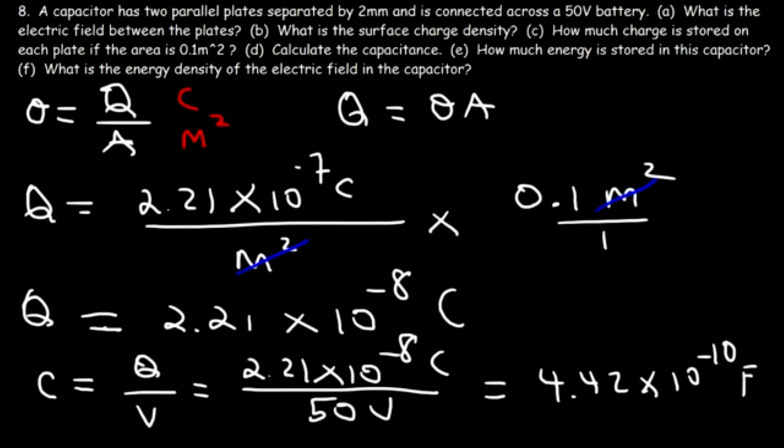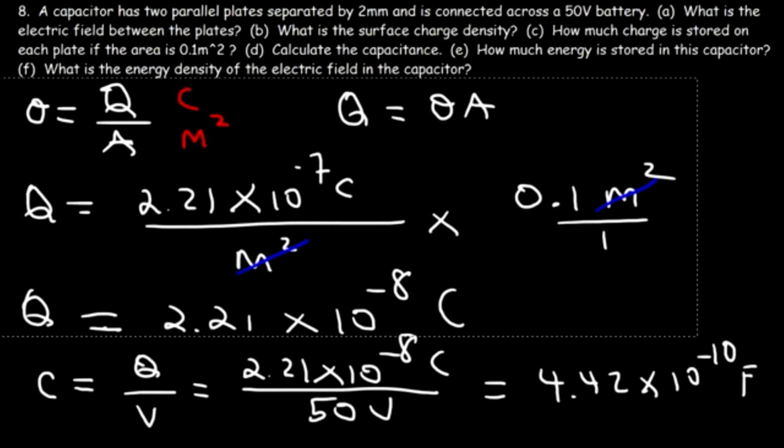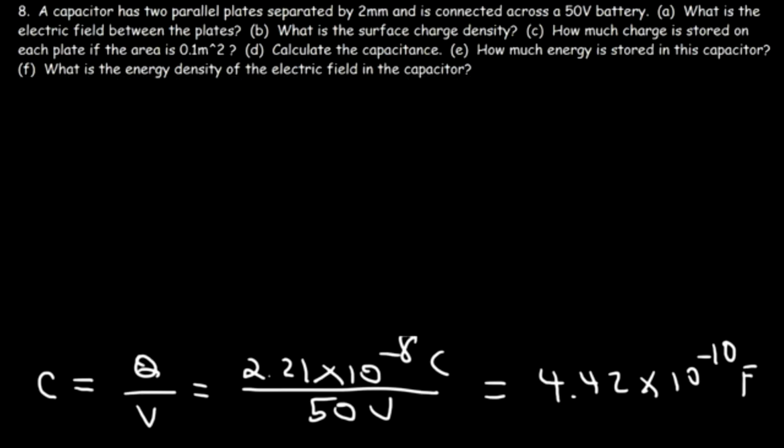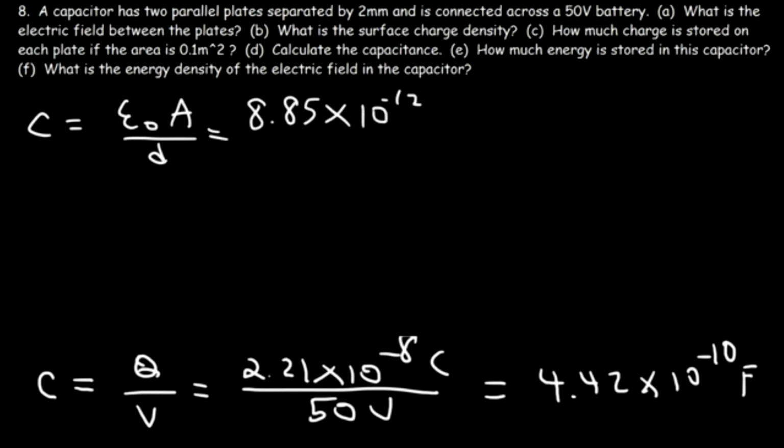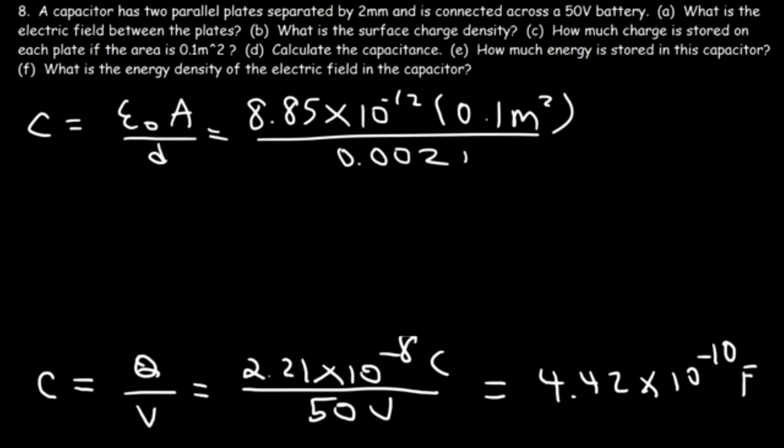Now let's calculate it using the other equation. So let's use this one. C is equal to epsilon sub naught times A divided by D. So it's 8.85 times 10 to the negative 12. The area is 0.1 square meters, and the distance, 2 millimeters, is 0.002 meters.